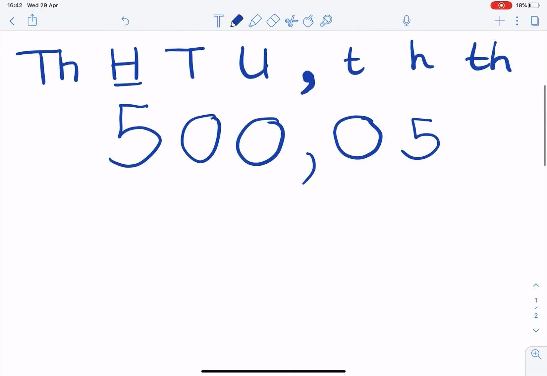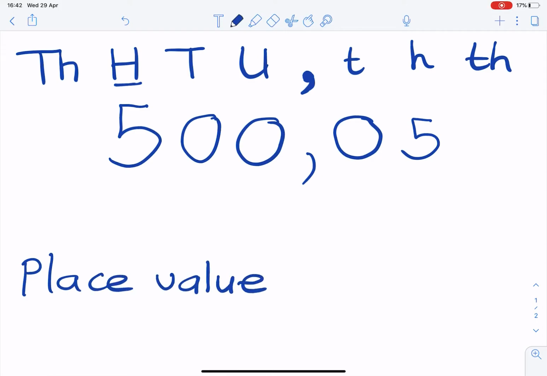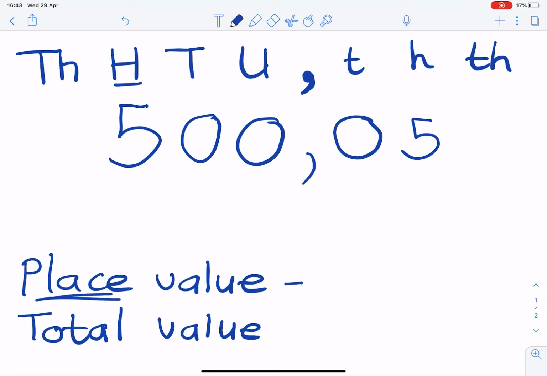Now if we look at place value and value, we often get these confused. Place value and value, or we can also call it total value. Now the place value is looking at the place where the number is placed, which column it is in. And the value of a number is asking you how much it is worth.